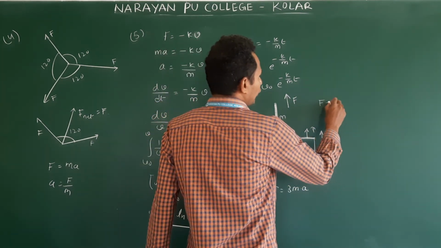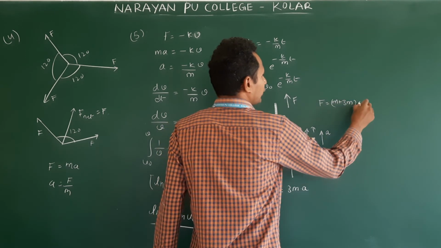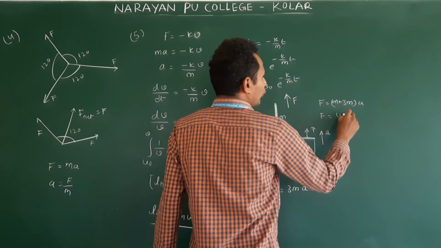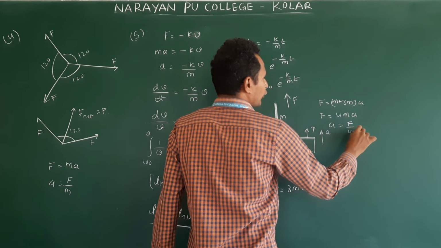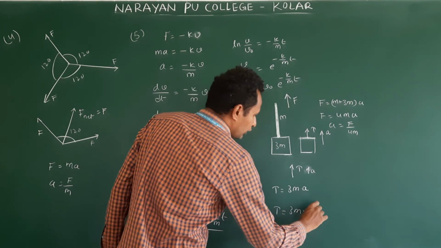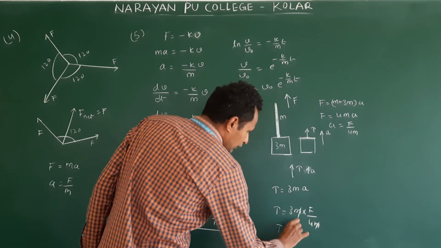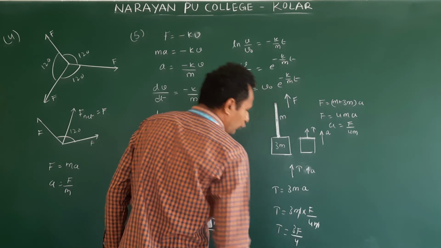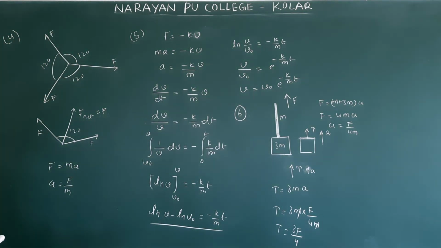Then F is equal to total mass, m plus 3m, into A. F is equal to 4m A, so A is equal to F by 4m. Then T is equal to 3m into F by 4m. The m's cancel, so the force exerted by the rope on the block is 3F by 4.